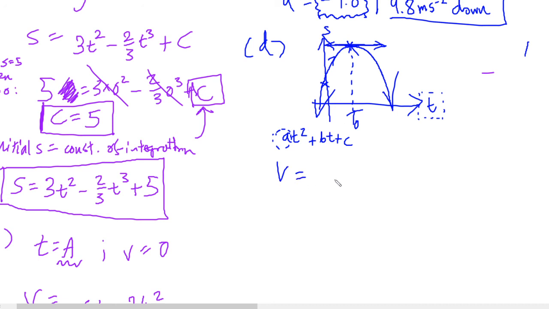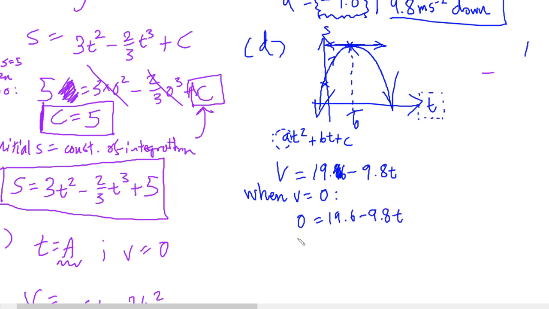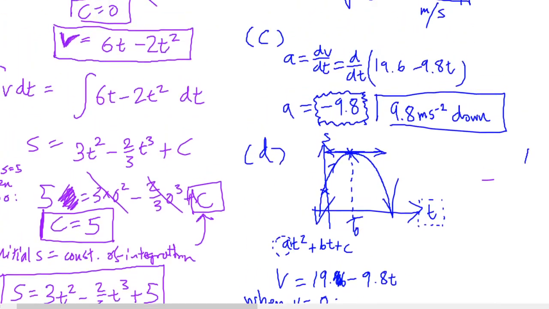So knowing that v is equal to 19.6 minus 9.8t, when v is equal to 0, 0 is 19.6 minus 9.8t, and we can solve the equation for t. Add 9.8t to both sides, you get 9.8t is 19.6, and divide both sides by 9.8. Using a calculator, this will lead you to t is equal to 2, or 2 seconds since you threw the stone.